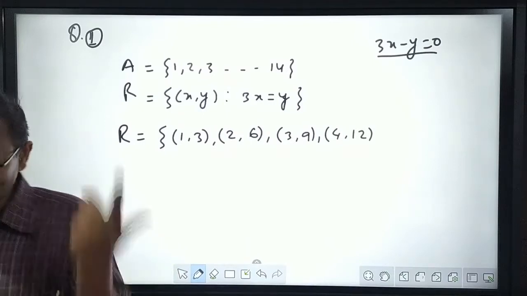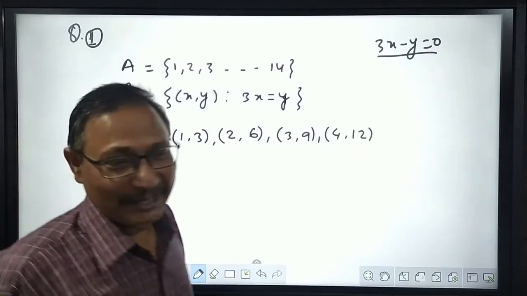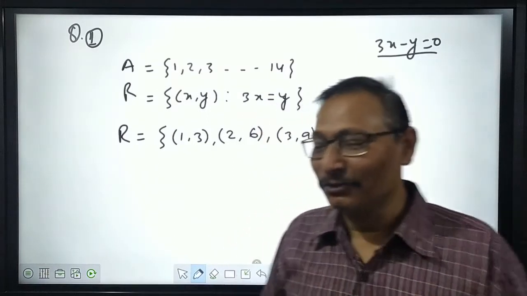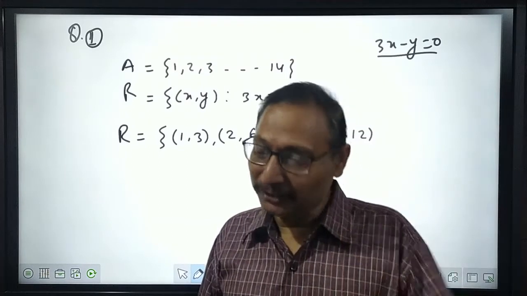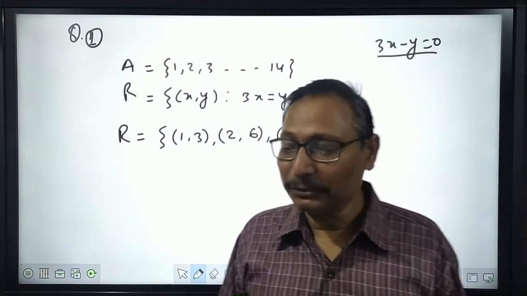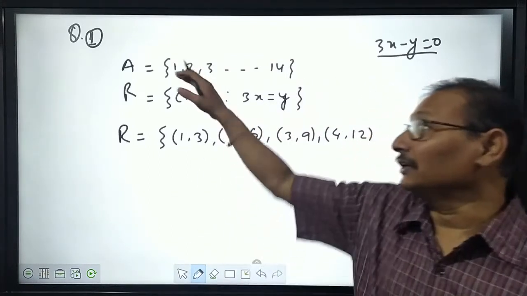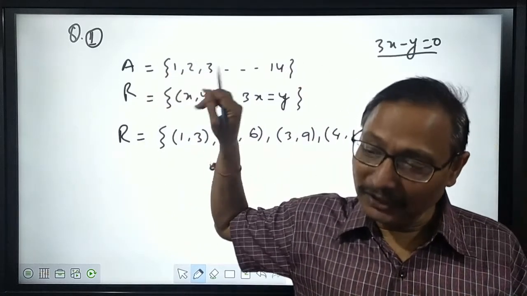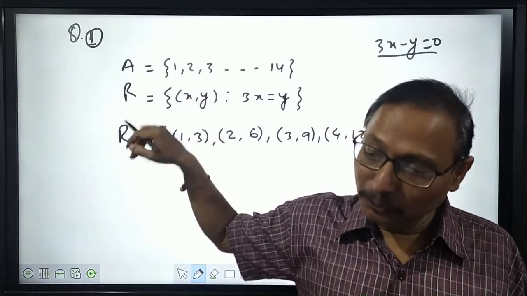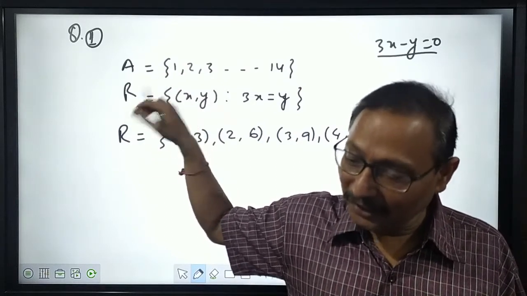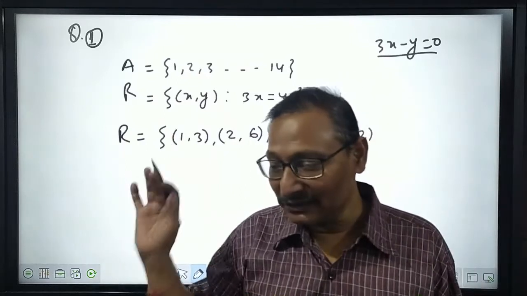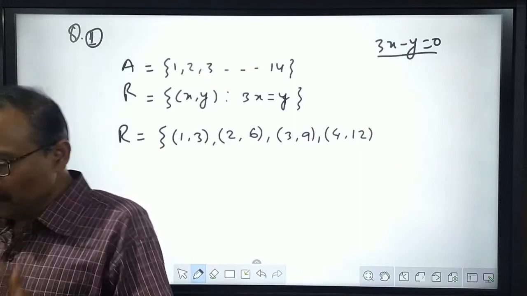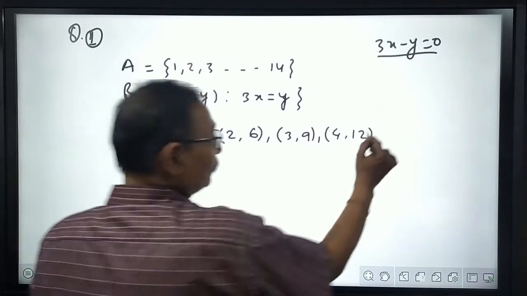But now we cannot have one more pair, because when we take x equal to 5, then y will be 3 times that, which is 15, and 15 is not an element of A. Because this relation is over A, both x and y must be inside A. So 15 is not inside A, and we cannot have a pair like (5, 15). So only these 4 pairs are there.